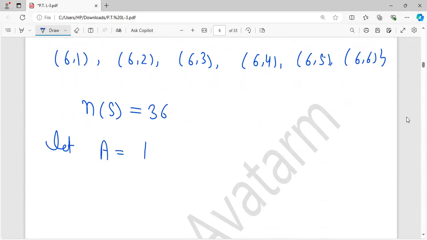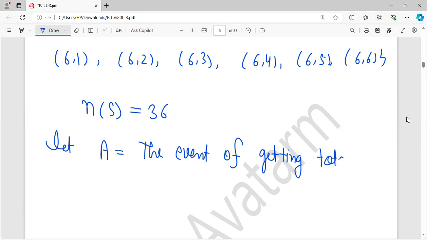Let A be the event of getting a total of 7.